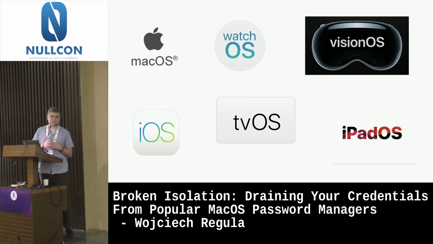We have different operating systems in the Apple world, like macOS, watchOS, visionOS, iOS, tvOS, and iPadOS, but you will see that under the hood, at least a large part of the kernel is the same. And by the way, it's open source. The kernel extensions will be different, of course, for macOS and iOS, but the kernel itself will be mostly the same.